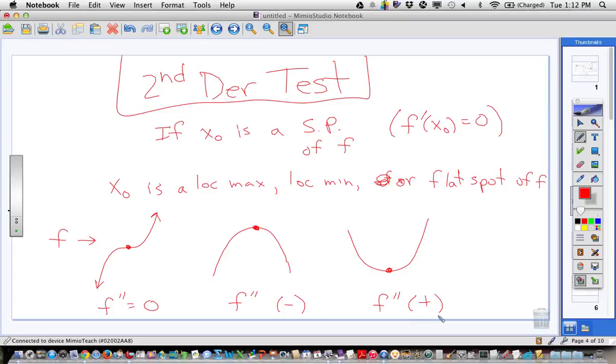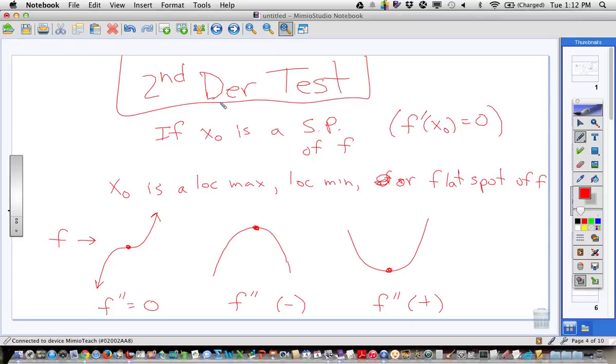So one way to tell if we have a max or a min is to use the first derivative. Here you've got positive slopes and they stay positive, so it's not a local max or local min. Here you've got positive slopes and then they switch to negative slopes, so that's a local max. Here you've got negative slopes and they switch to positive slopes, so that's a local min. So that's the first derivative test.